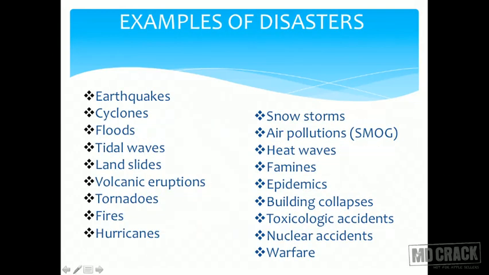Examples of disaster, a long list. You have earthquakes, cyclones, floods, tidal waves, landslides, volcanic eruptions, tornadoes, fires, hurricanes on one side, and on the other hand you have snowstorms, heavy air pollution causing smog, heat waves, famines, epidemics, building collapses, toxicological accidents, nuclear accidents, and warfare.